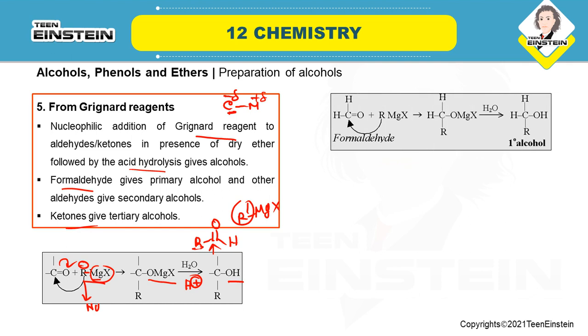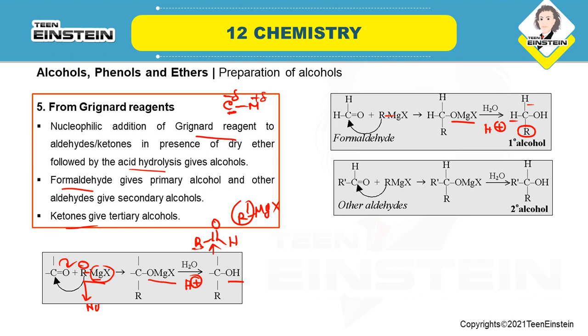So now we will see formaldehyde, H2CO. After attack of RMgX we get this type of moiety, and then after acid hydrolysis we get primary alcohol, because 2 hydrogens are already there in the formaldehyde molecule and 1 R group is coming from the Grignard reagent, so it is a 1 degree alcohol. The second one is aldehyde, that is, other than formaldehyde, where the second H is replaced by an R group, so now we will get a 2 degree alcohol.